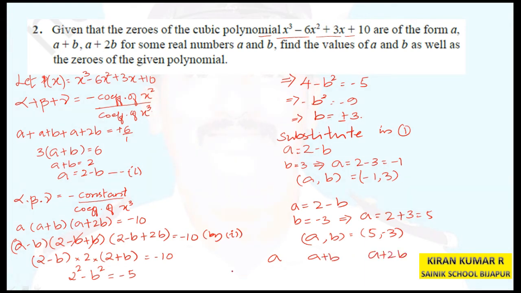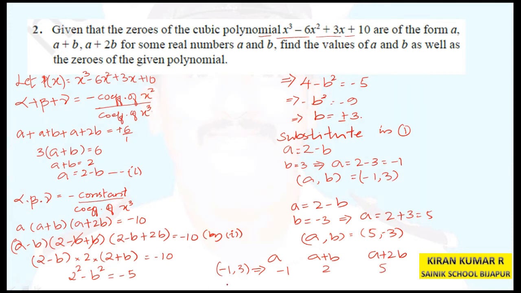Now there are two cases. If minus 1 and 3 are the values of a and b, the value of a is 2, a minus b is minus 1, and a plus b is 5.